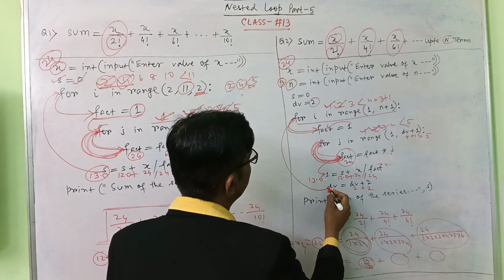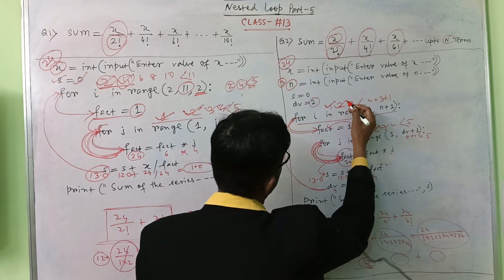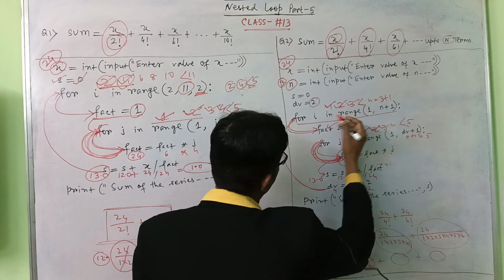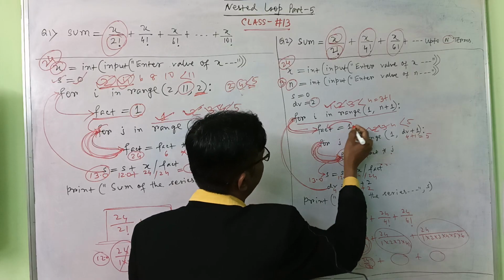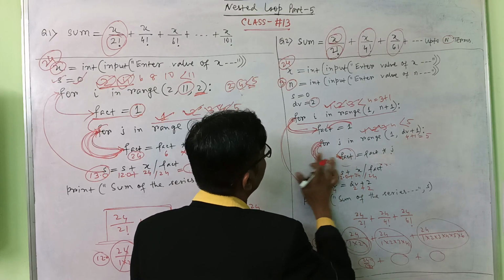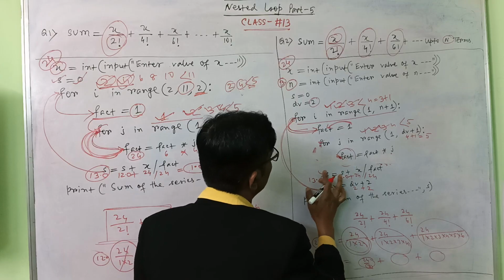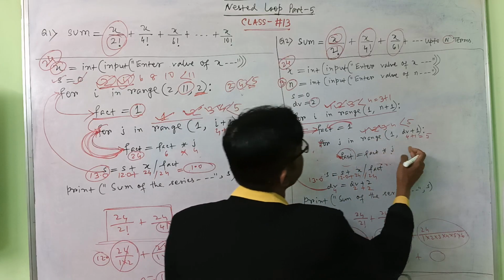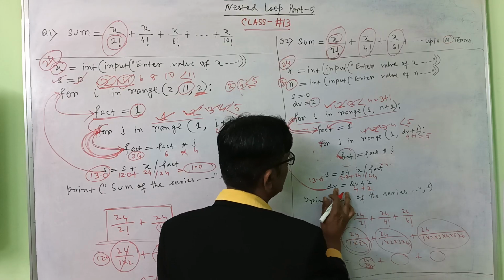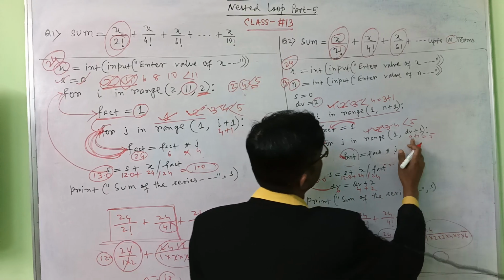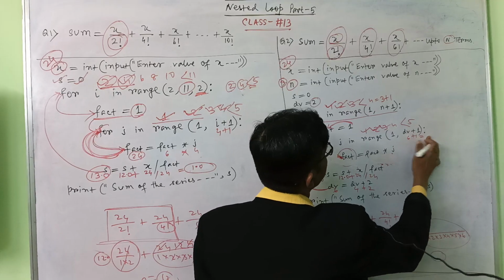So we are going back for the further iteration. This i is 3 this time. Come inside. It is refreshed. Fact was 24, refreshed, 24 is now gone. Now let's see, dv is how much? dv is 4 plus 2, dv is 6. So dv 6 means 6 plus 1, 7.